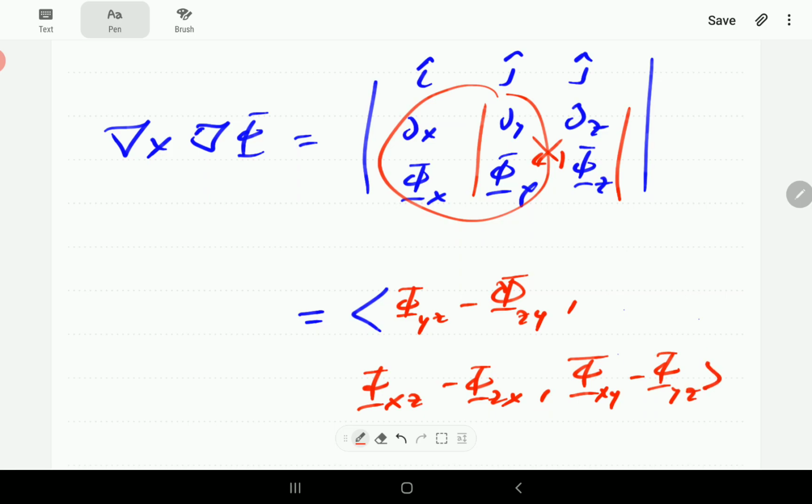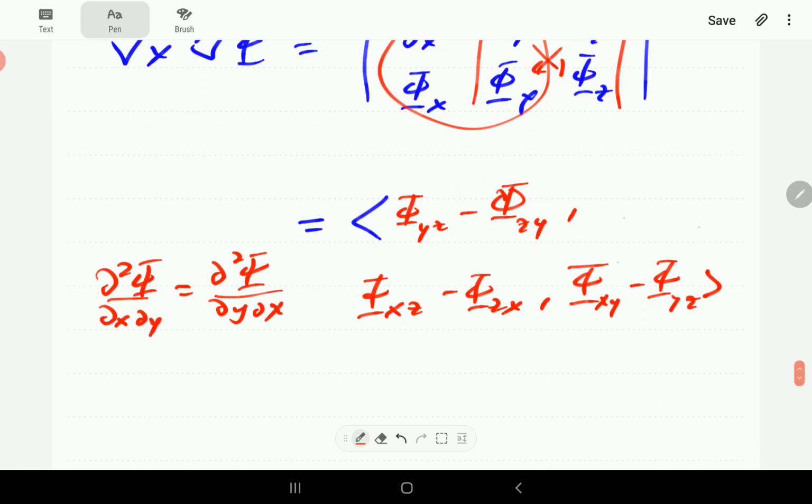Now remember, we assumed that phi is a differentiable function. For all differentiable functions, the mixed derivatives are equal. What does this mean? This means that the second order derivative of phi with respect to x, then with respect to y, is always going to be equal to the second order derivative of phi with respect to y, and then with respect to x.